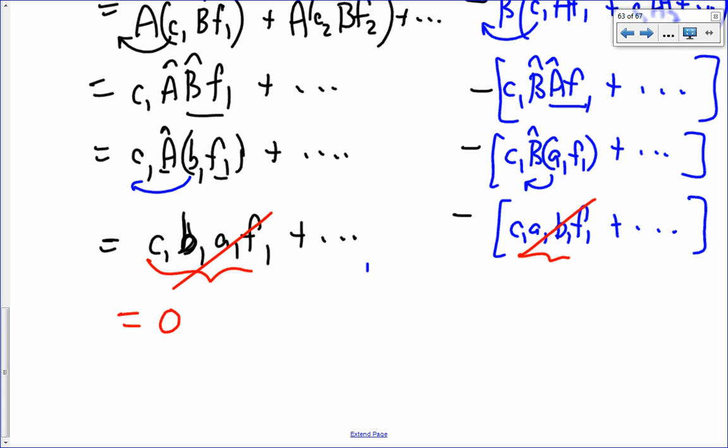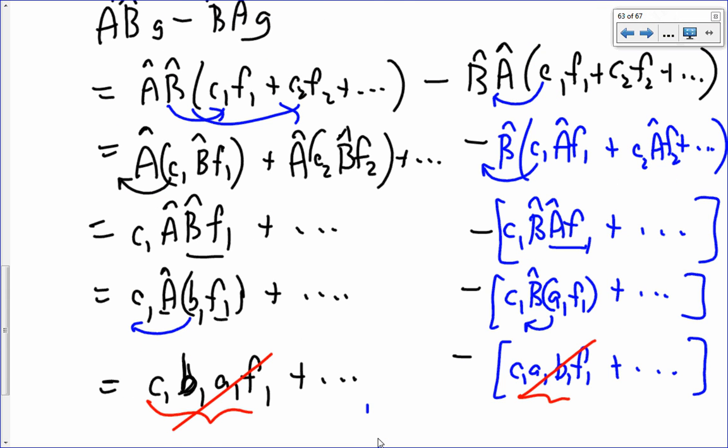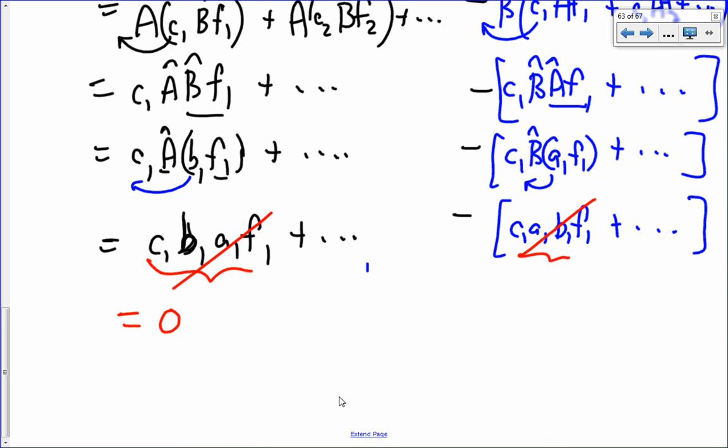Okay? Now, a common proof you might find in some textbooks is they don't do this expansion right here. They just pick one eigenfunction and show that these two are equal, and they say that ABG equals BGA.